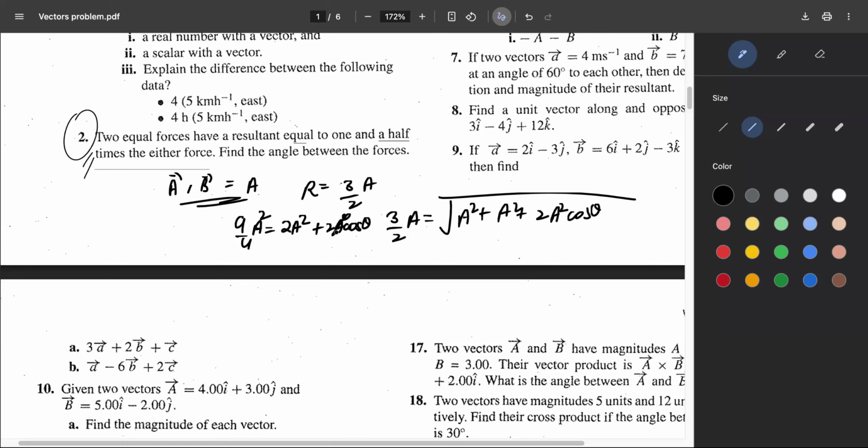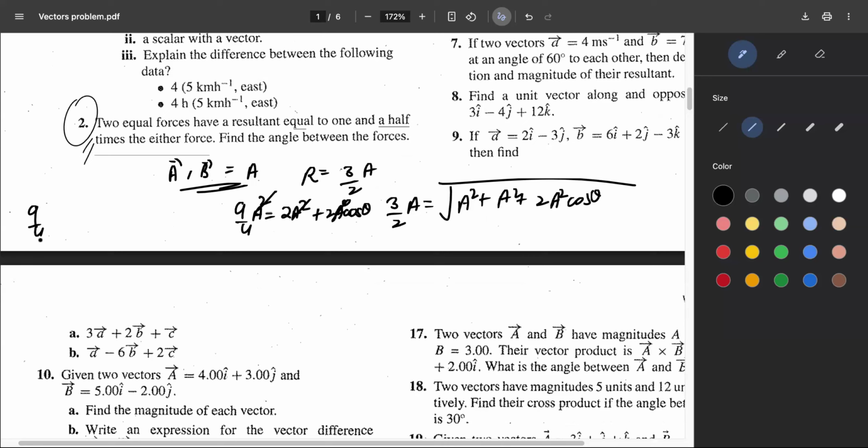So A square gets cancelled out, and whatever you are left with, you can subtract and get the answer. When you do this, it results in 1 by 4 equals 2 times cos theta, I think. If I have not made a mistake at this particular point, it should be the same.